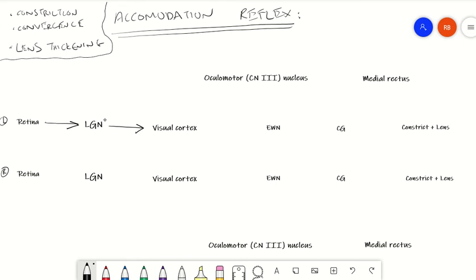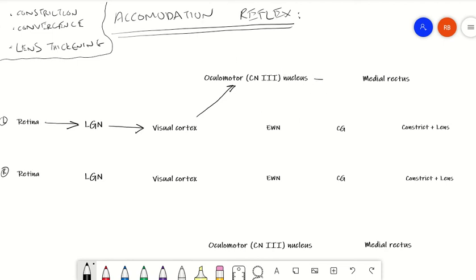Okay, and the visual cortex then, through a series of pathways, stimulates both the Edinger-Westphal nuclei, or particularly, let me go back. So retina to lateral geniculate nucleus to the visual cortex. Now from the visual cortex, there are two things that are stimulated. The oculomotor nucleus is stimulated. The oculomotor nucleus is the origin of the somatic fibers of cranial nerve 3.